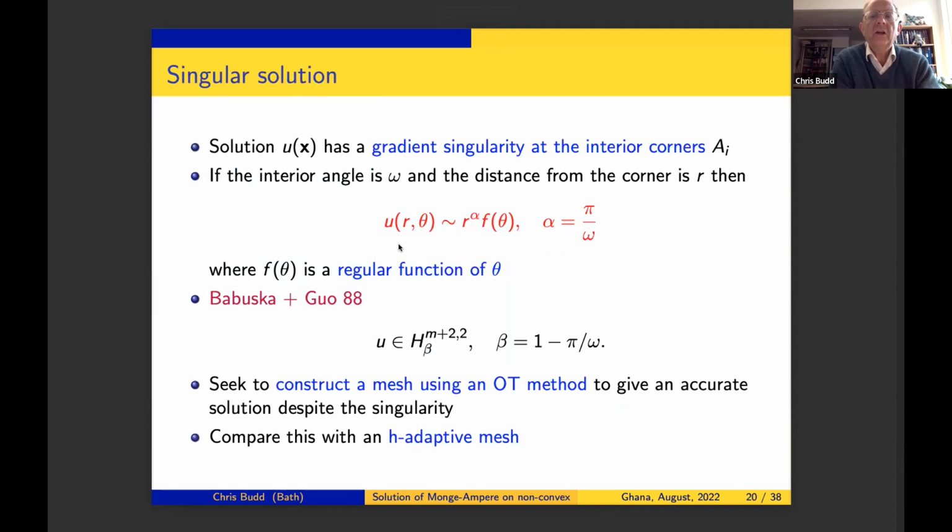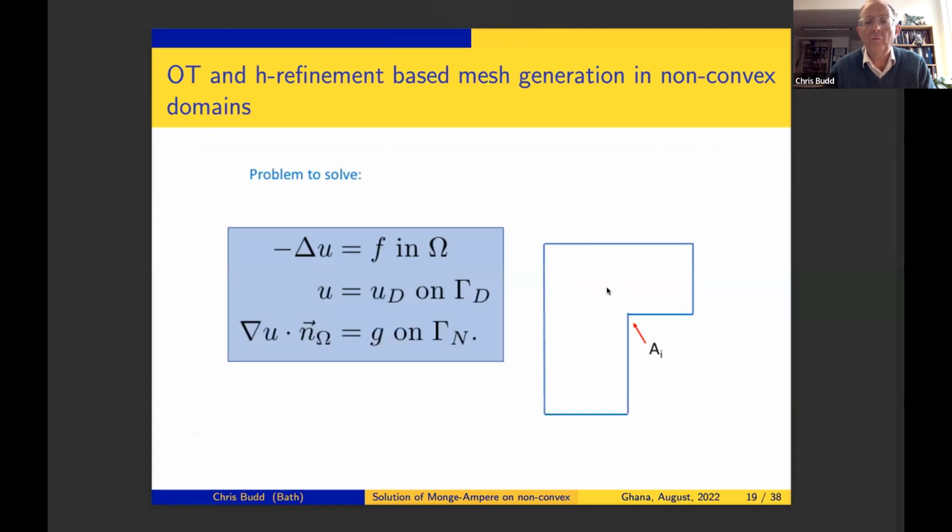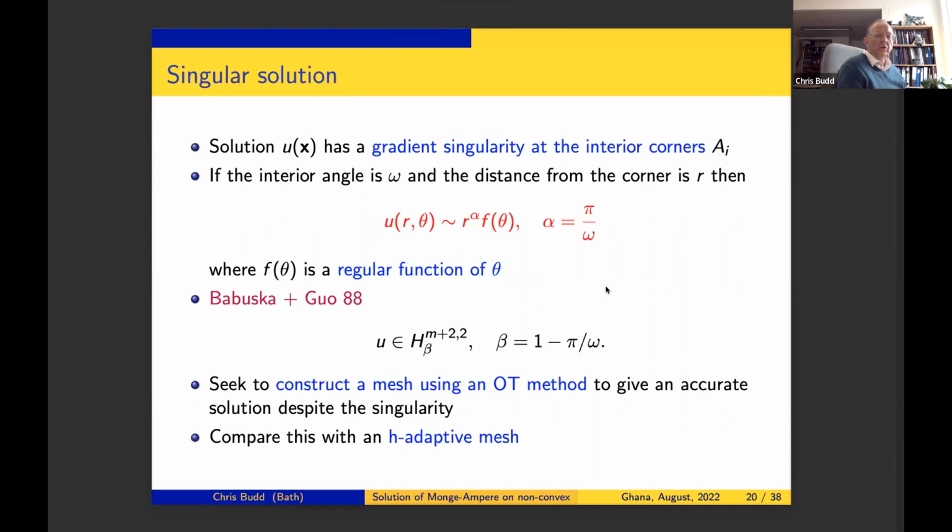The key thing is that u, the solution, has a singularity at the interior corners. The way you can measure this singularity is that if r is the distance from the corner, then the solution looks like r to the alpha times f of theta, where theta is just the angle, and f is a fairly slowly varying regular function of theta, but the alpha value depends on the corner.